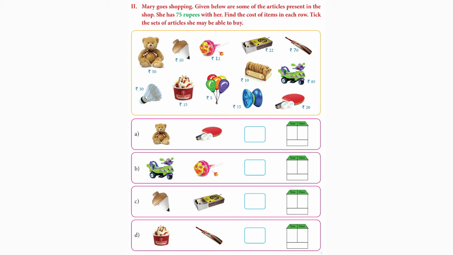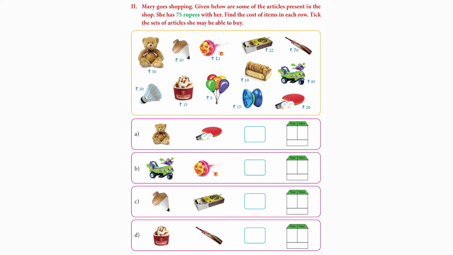And in the same way, we have ice cream, we have a lollipop, we have balloons for 5 rupees, and so many things like that. So the first one here, A, they have given: if we want to buy a teddy bear and a table tennis bat and 2 balls, how much will it cost?